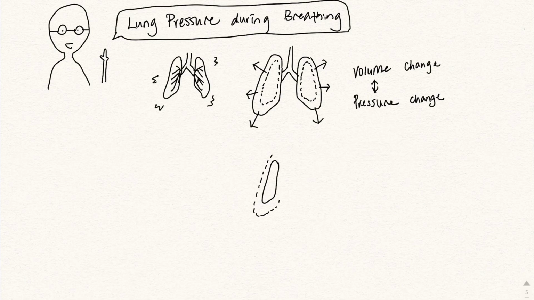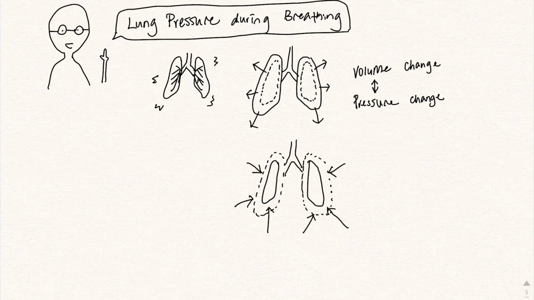On the other hand, when it contracts, the lungs become elastic, meaning there's a resisting force from being stretched. So the amount of air you breathe in is closely related to pressure in your lungs because airflow follows a pressure gradient.